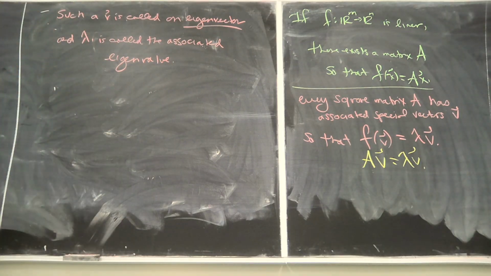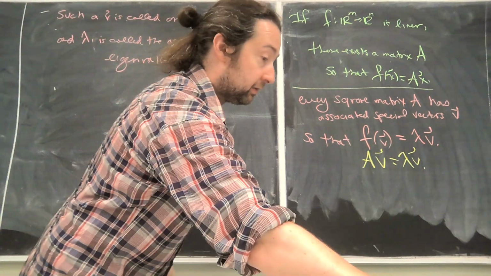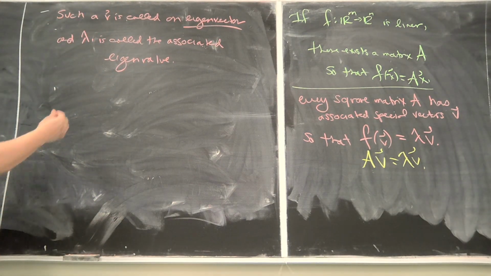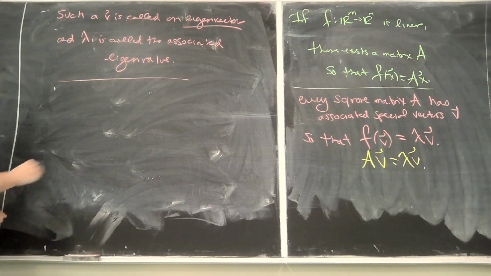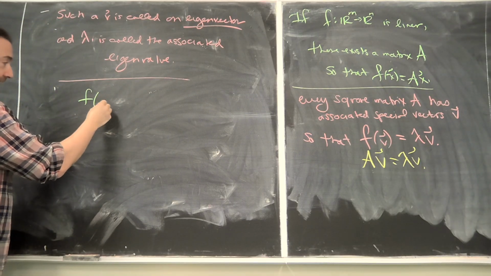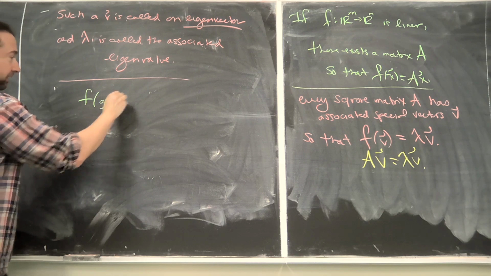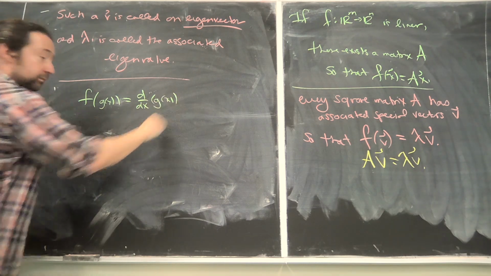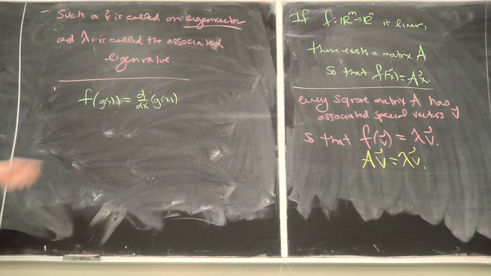And the reason that we don't just want to trap ourselves into talking about matrices is later on it's going to be important to consider the case where f is a linear function, but maybe we don't know what its matrix is. So, for example, say f of a function g of x is equal to d by dx of g of x. So f is the function that differentiates.